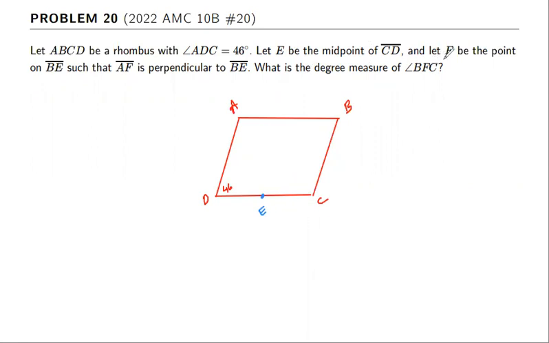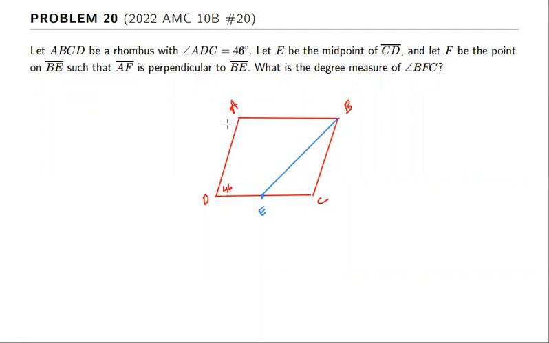That's E. And then let F be the point on BE. Okay, there should be a segment from B to E, so let's connect those. And then such that AF, A to F, is perpendicular to BE.